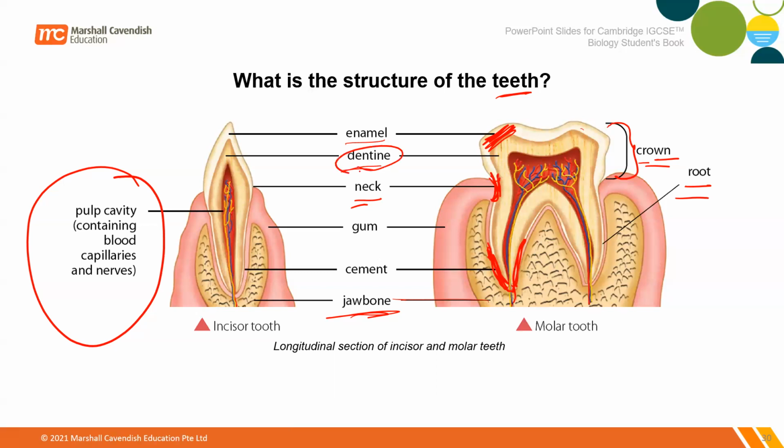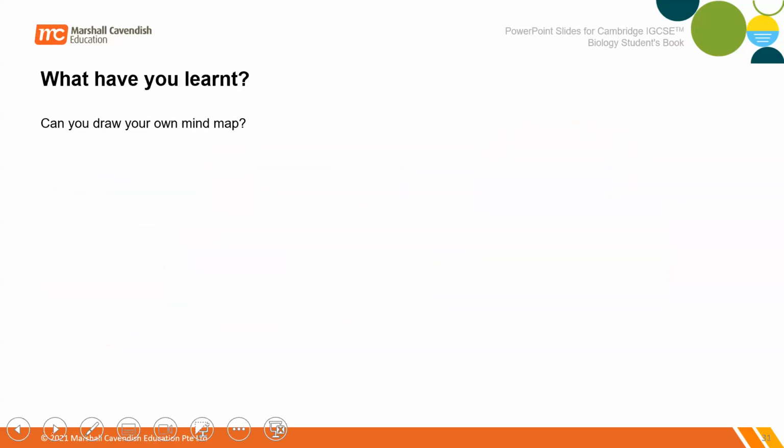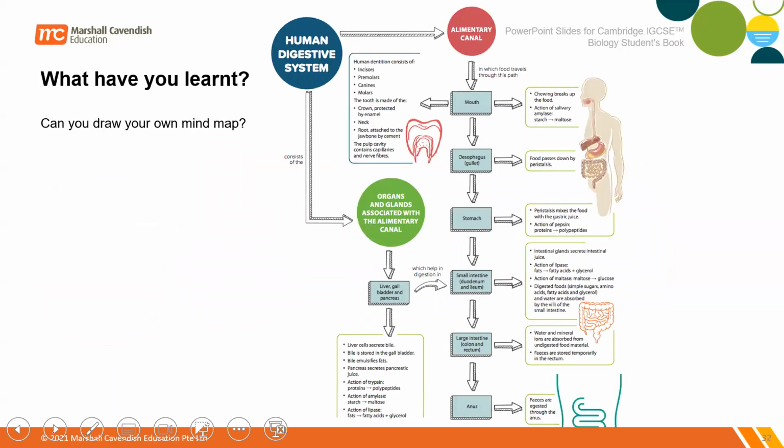We also need to brush our teeth regularly, and we need to reduce the amount of sugar as much as possible. Okay, so now we have covered the human nutrition topic.